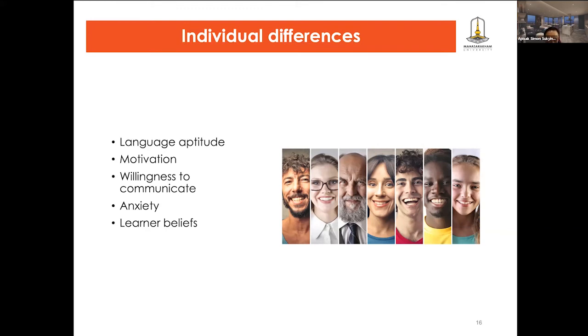For example, language aptitude or ability and other cognitive abilities such as working memory have been widely investigated in ISLA research. But teachers can do very little in the classroom to improve learner language aptitude or working memory.